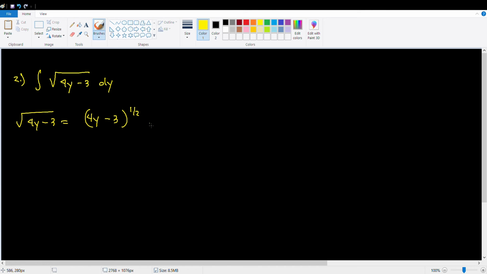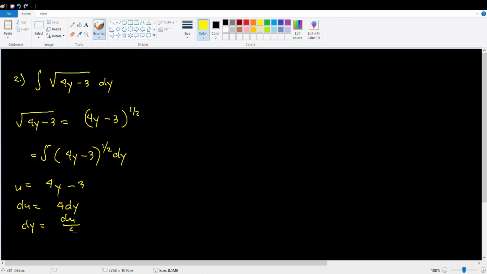Now, since we have already rewritten it, u is just equal to the inner function, which is 4y minus 3. So du is just equal to 4 dy, and our dy is just equal to du over 4.